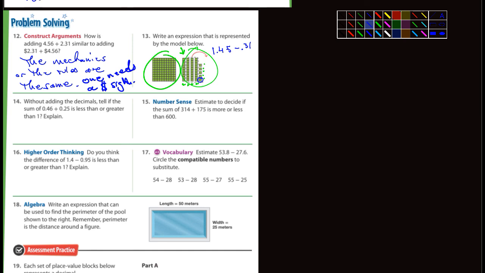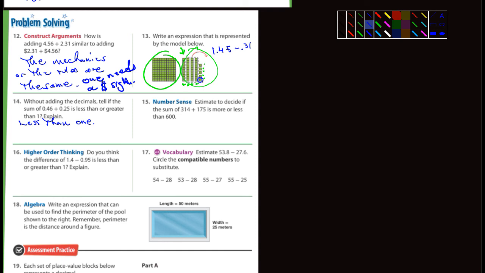Without adding the decimals, tell if the sum of 0.46 and 0.25 is less or greater than 1. Explain. Well, you're going to have to be doing some adding in your head. It's less than 1. Without adding the decimals.